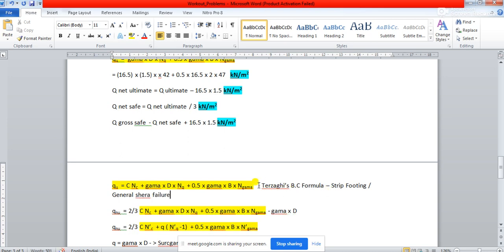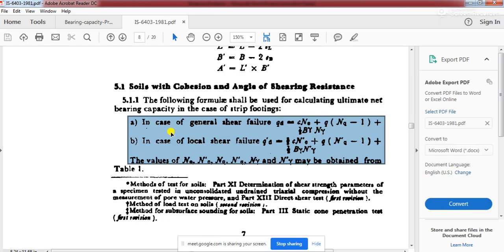Now if you see the Indian Standard Code, what is it saying? The formula is given in the Indian Standard Code not for ultimate bearing capacity, rather it is given for net ultimate or ultimate net bearing capacity.